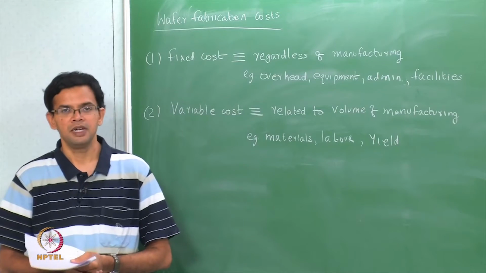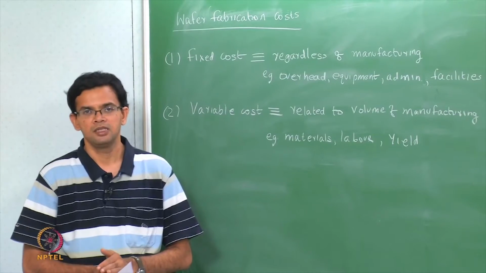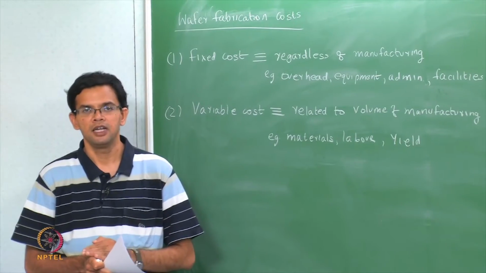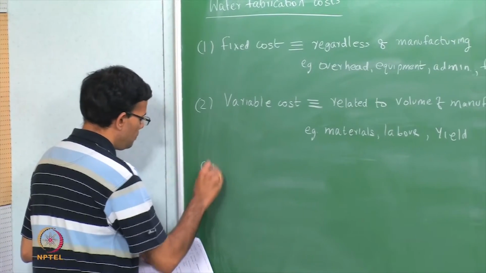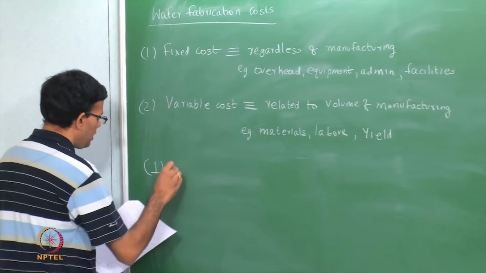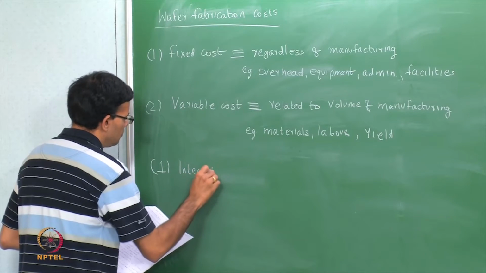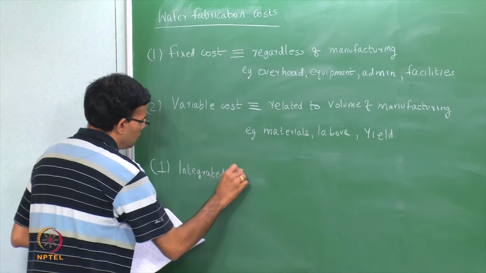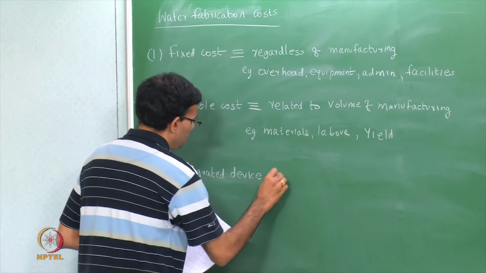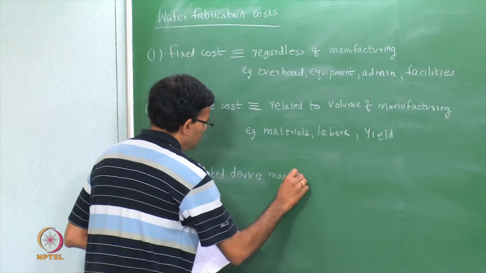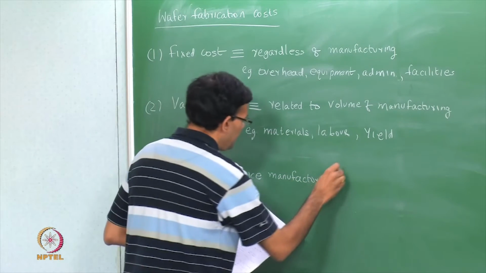Because of these different expenses, semiconductor manufacturing companies are essentially divided into two main models. The first model is called an integrated device manufacturer, or an IDM.